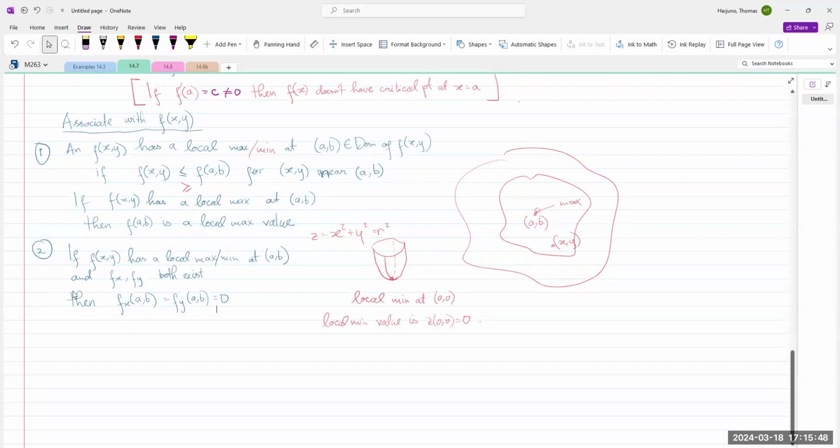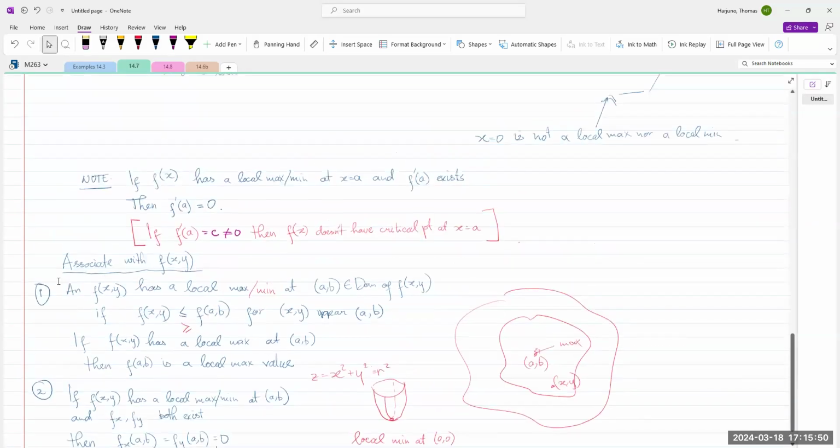Now this second note actually parallels the Calc 1 note. If you have a local maximum or minimum at a certain point, and the first derivative exists, then it must be because the first derivative is equal to 0 there.